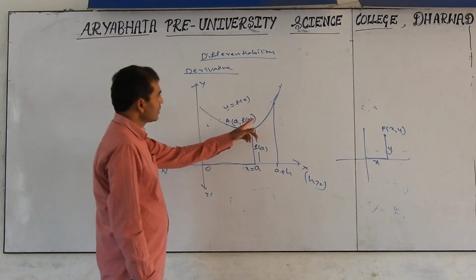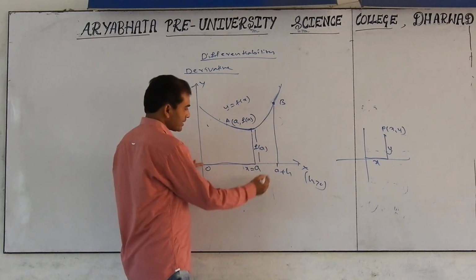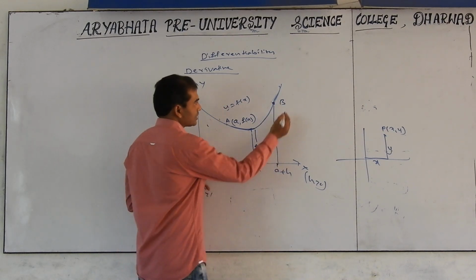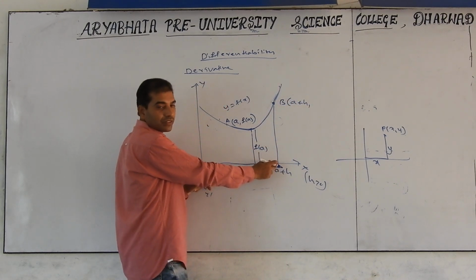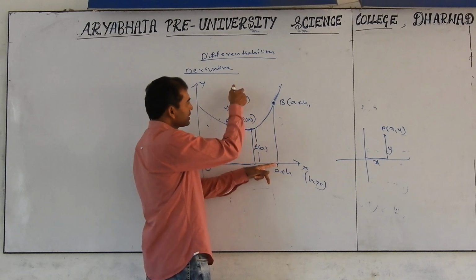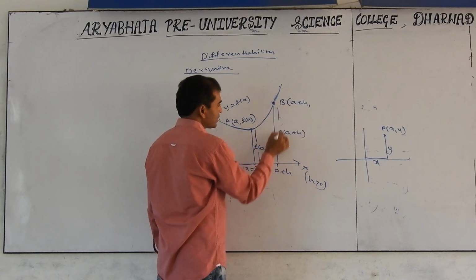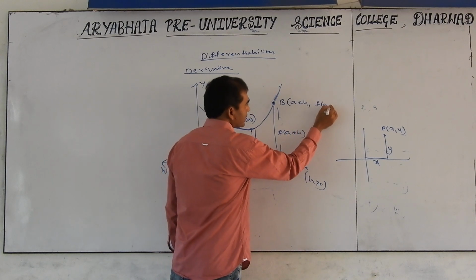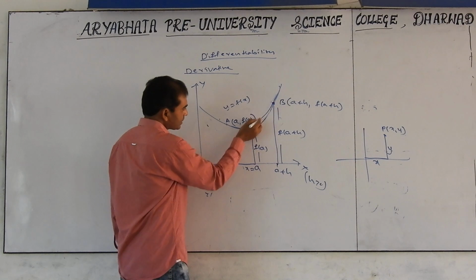Now, let this point be B. Tell me, this length is a plus h. Put a plus h in the function, we get f of a plus h. This is a big point. Join these 2 points.